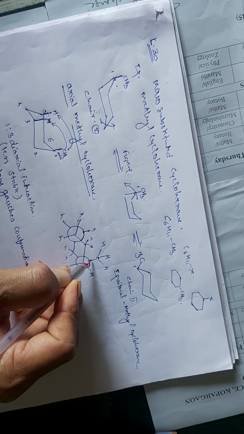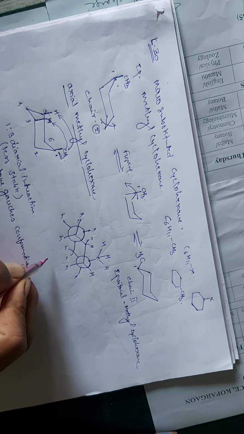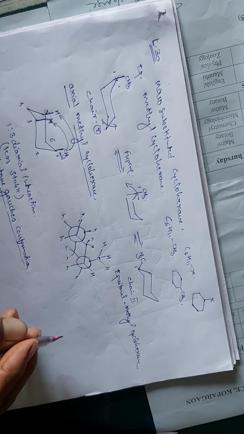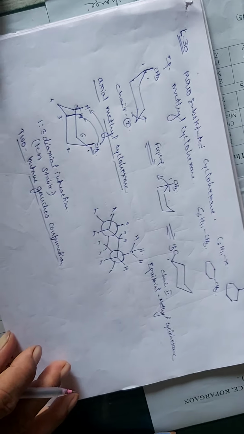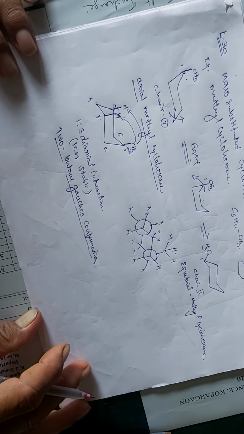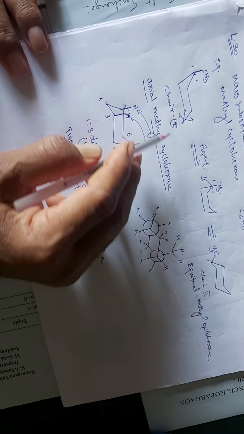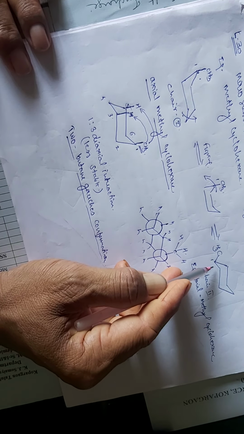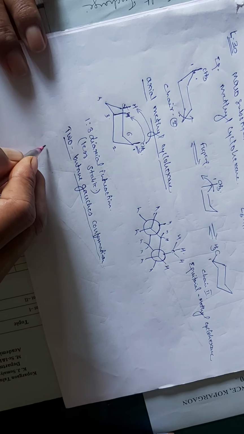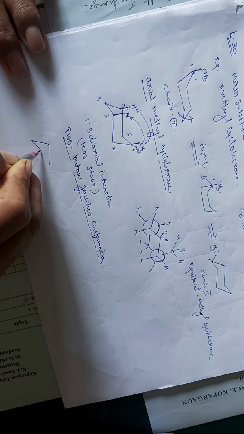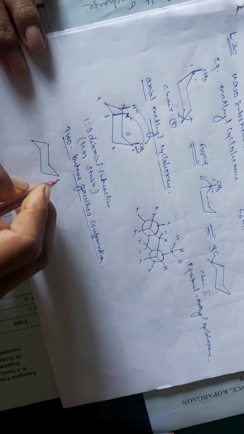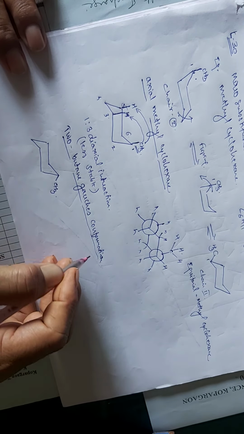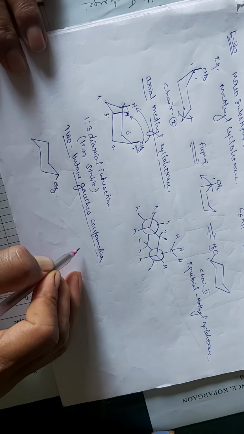Here it's at an angle of 60 degrees, and so the two butane gauche interactions are possible when the methyl group is at the axial position. But when ring flipping takes place, the axial group gets converted into equatorial, and when the group goes to the equatorial position, there is no such type of interaction.